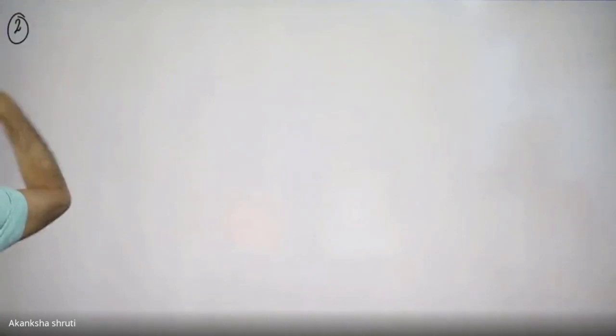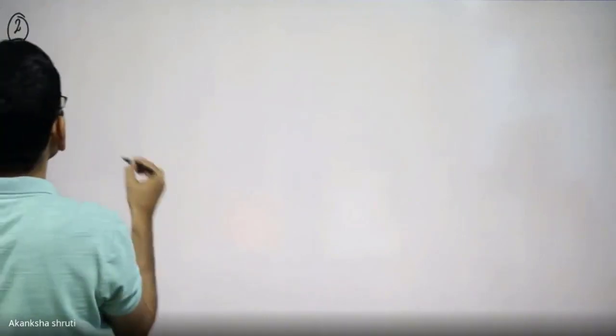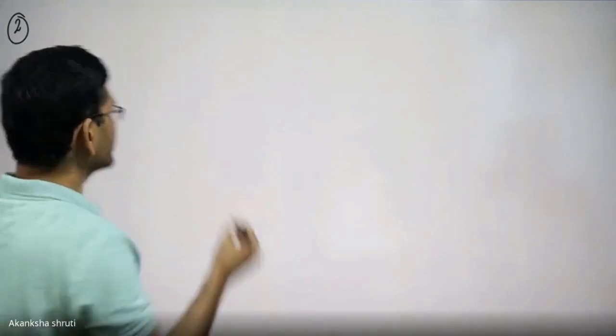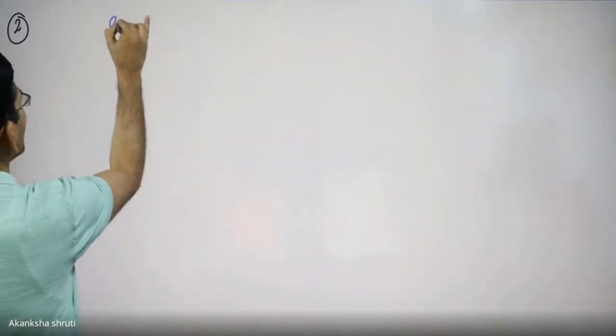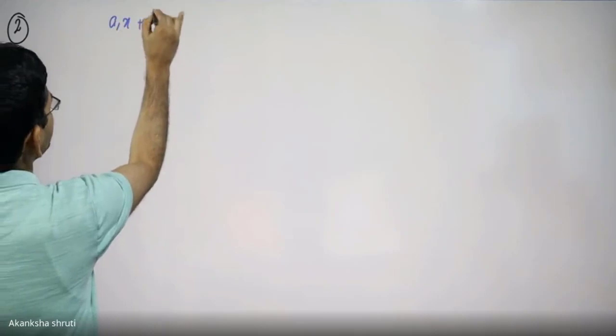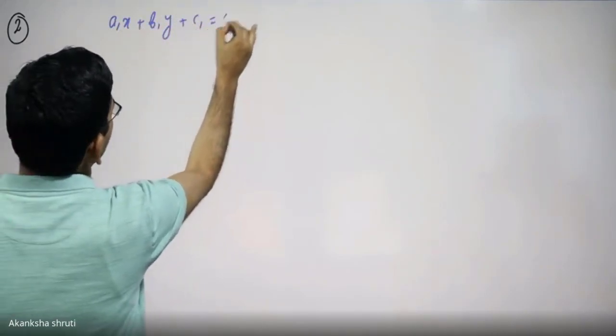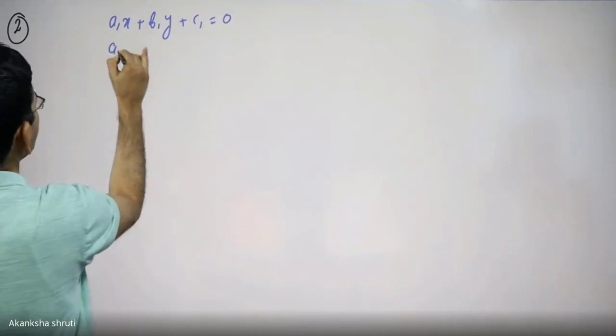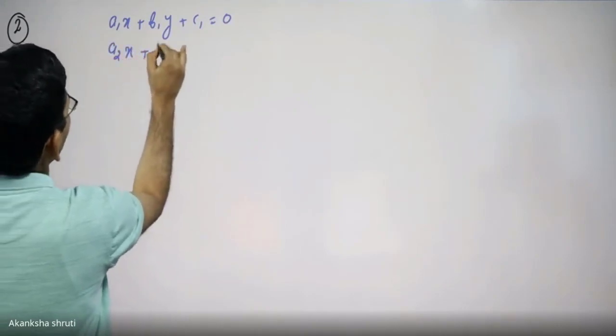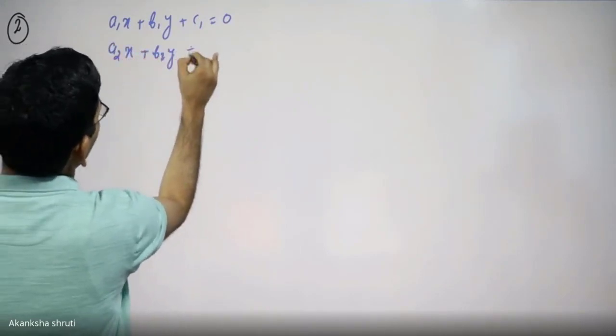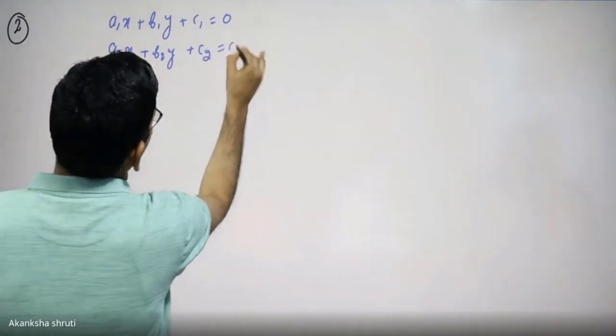Write down point number 2, or the second thing. Students, a pair of linear equations is denoted as a1x plus b1y plus c1 is equal to 0. The second equation is a2x plus b2y plus c2 is equal to 0.